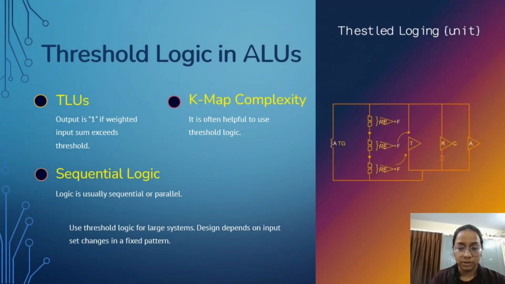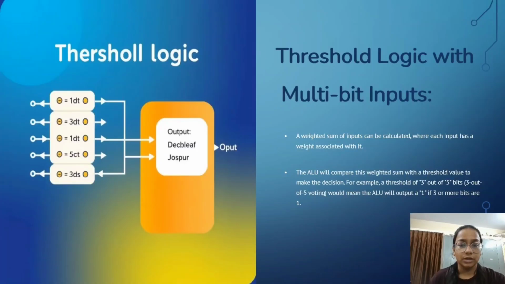Threshold logic units, or TLUs, produce one output only when the weighted sum of their inputs exceeds a specific threshold. This approach can be particularly helpful in managing K-map complexity for systems with a large number of inputs. Instead of simple binary inputs, each input can have an associated weight.